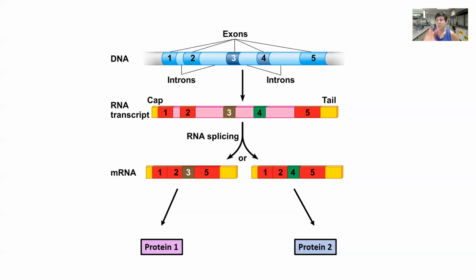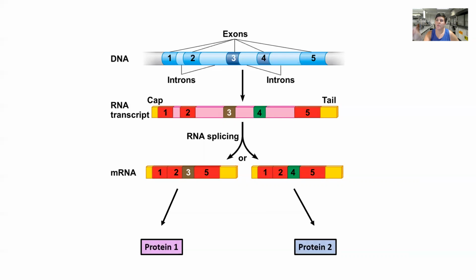Now let's say something changes and that gene needs to produce a different gene product. What can happen is you can take that DNA, and again, when you go through splicing, when you splice out the introns, let's say protein 2 is coded for by the exons 1, 2, 4, and 5.